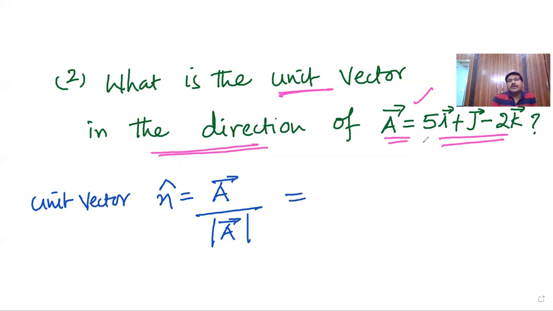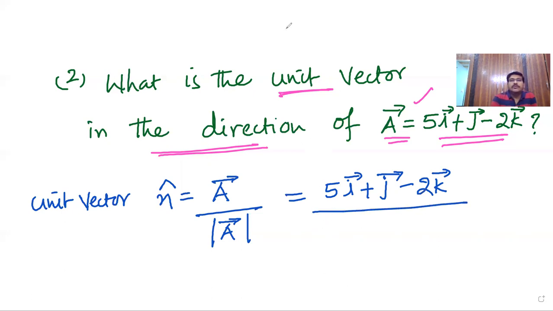Here the vector is 5 i bar plus j bar minus 2 k bar. What is the magnitude? It is the square root of the sum of the squares of the coefficients: 5 square plus 1 square plus minus 2 whole square.